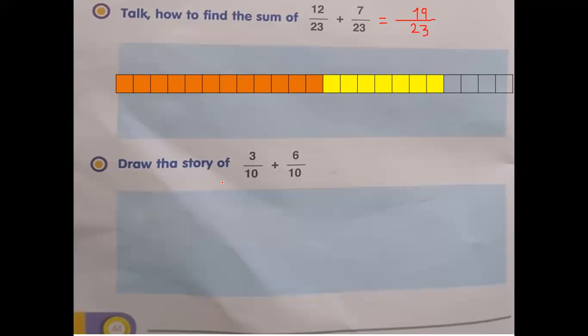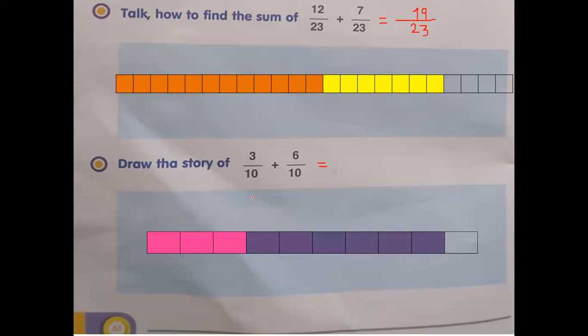The next one, draw the story of 3 over 10 plus 6 over 10. First, we are going to draw a rectangle and it is divided into how many parts? 10. Excellent. And we are going to color 3 parts in pink and the 6 parts with purple, or any color you want.